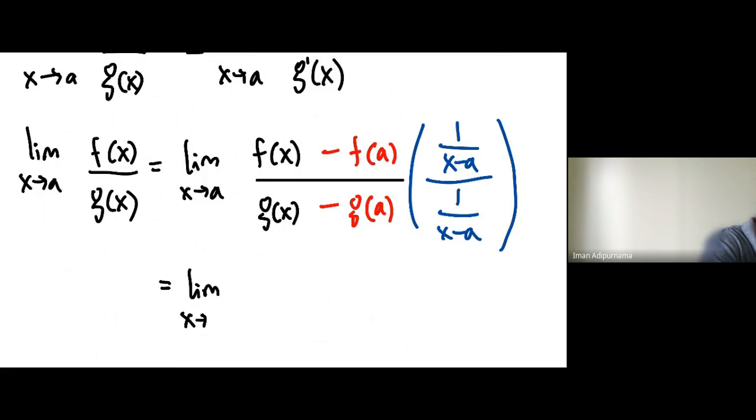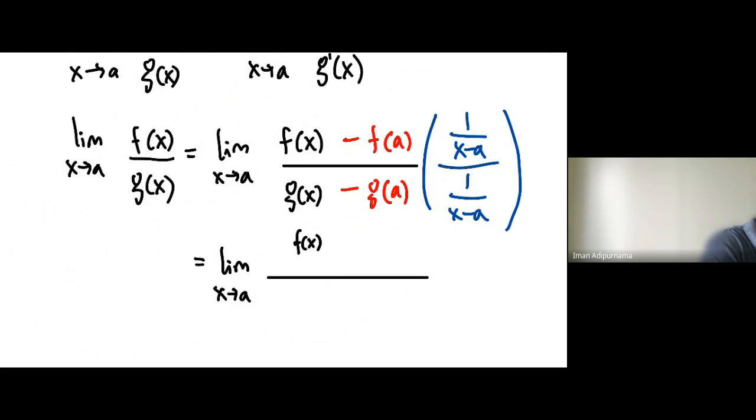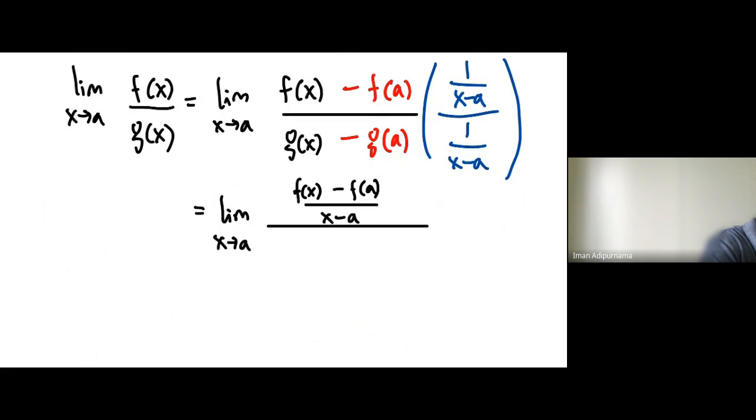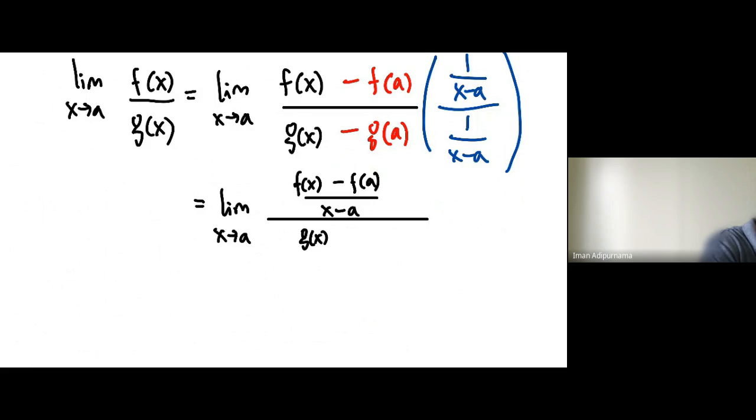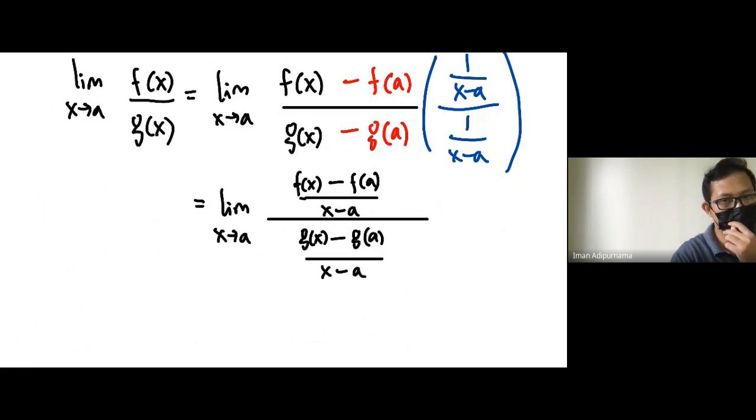So our limit becomes f of x minus f of a divided by x minus a, over g of x minus g of a divided by x minus a.